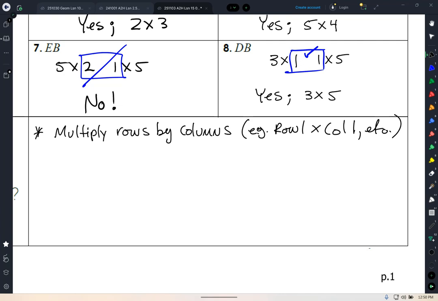Okay? Now, this is where it gets a little tricky. The answer elements, those are the individual things inside the matrix.